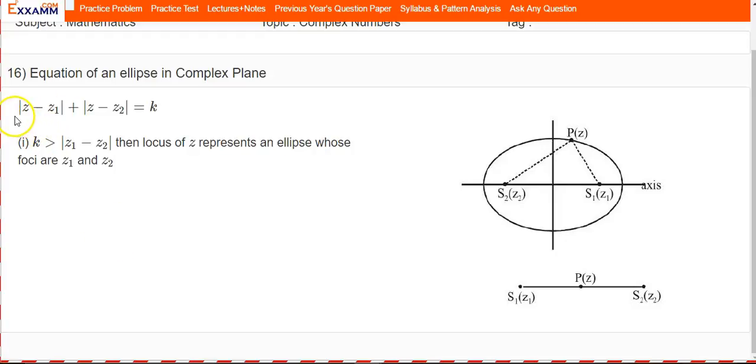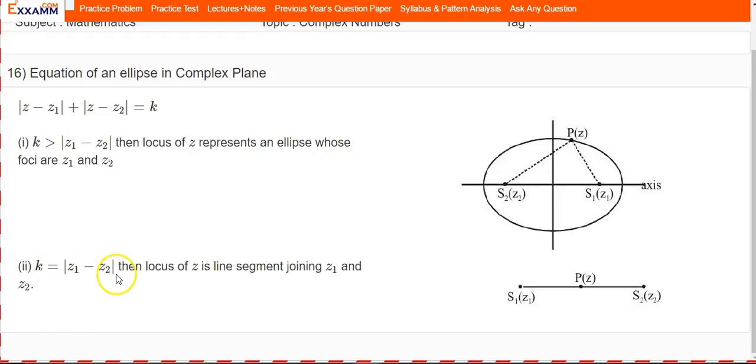Whenever we are given a question of this formation, modulus of z minus z1 plus modulus of z minus z2 is equal to k, the first thing we will do before assuming it to represent an ellipse is check whether modulus of z1 minus z2 is equal to k, and if that is the case, then we will have to assume that the locus of P would be a straight line.